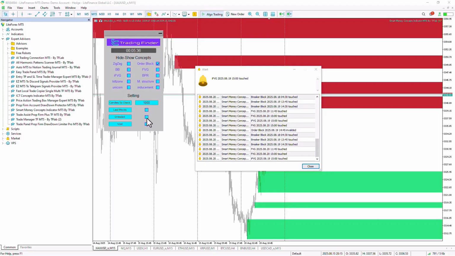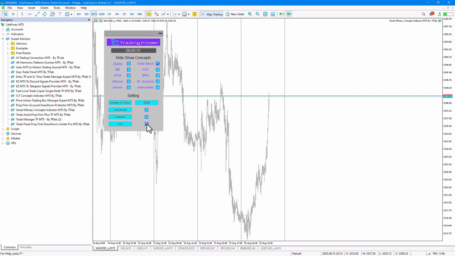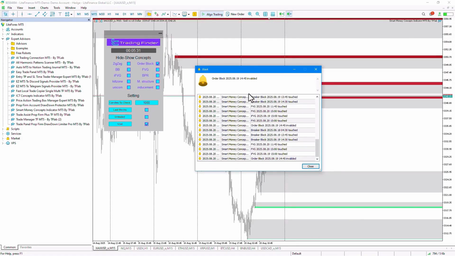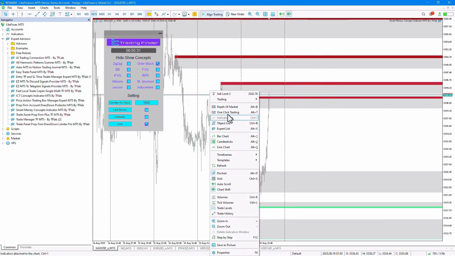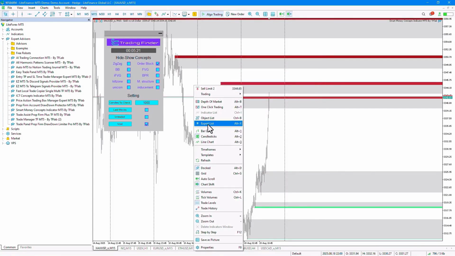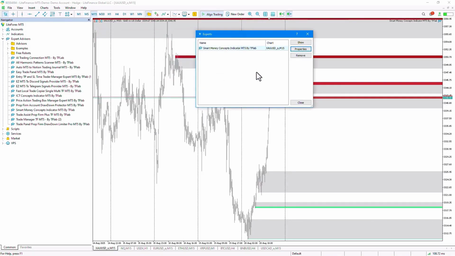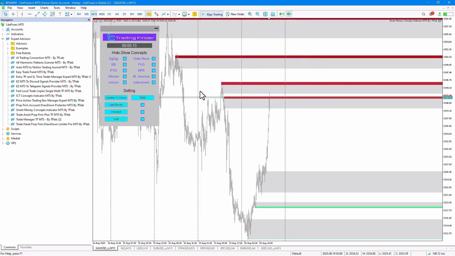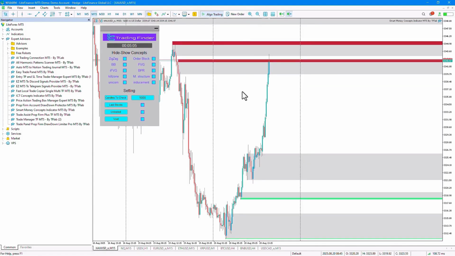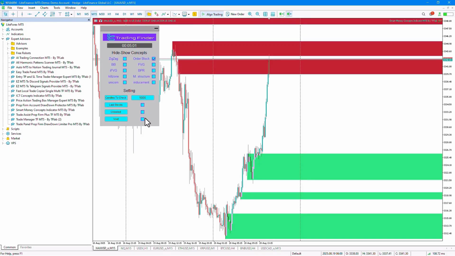The final section is related to the void mode, which, when you activate this option, the expert begins displaying the void zones, clearly indicating their presence. It draws them on the chart, and here we can see that the significant bullish and bearish order block zones have been marked for us, but there is also a notable gray area present.